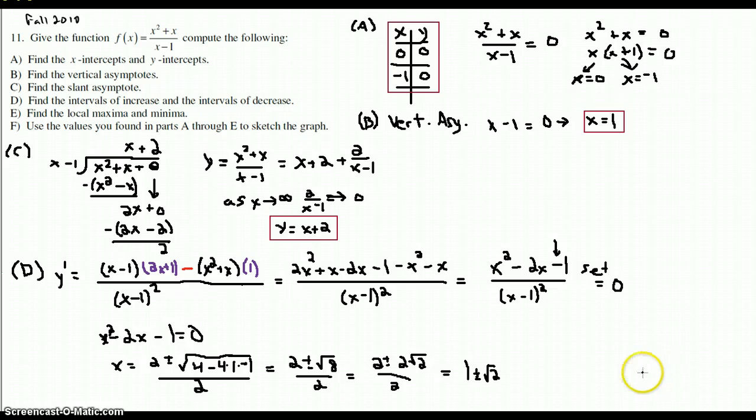So 1 plus the square root of 2, 1 minus the square root of 2. Those are your two x values that make your derivative 0. 1 minus the square root of 2 is smaller. 1 plus the square root of 2, the bigger one.